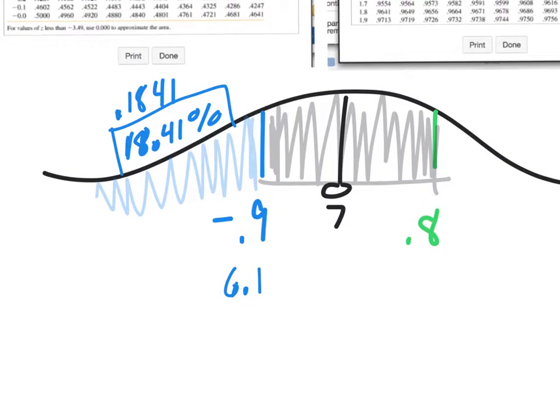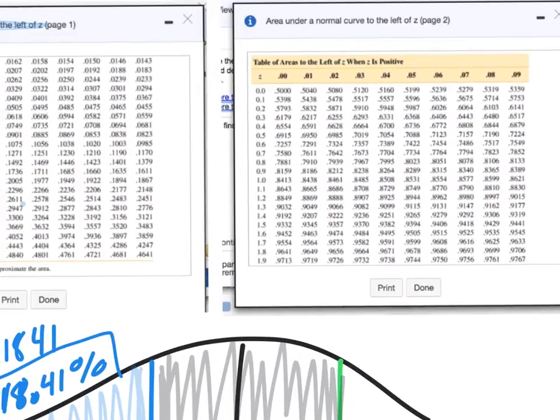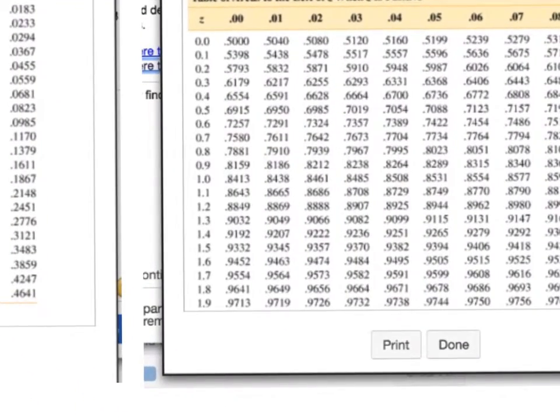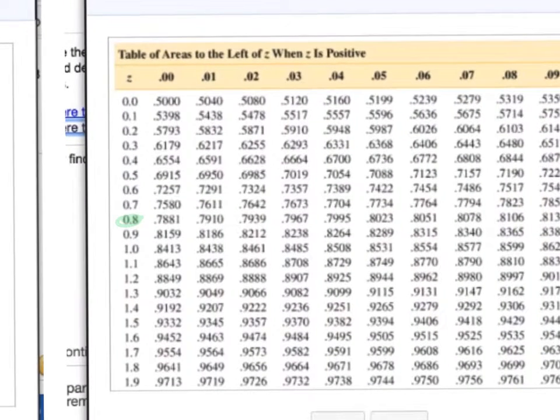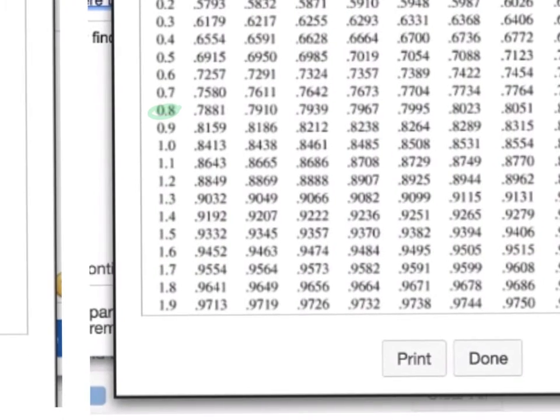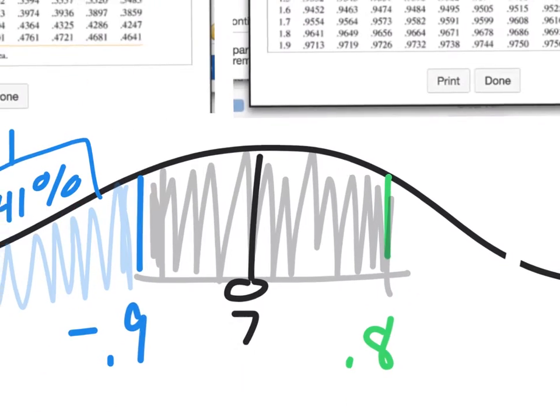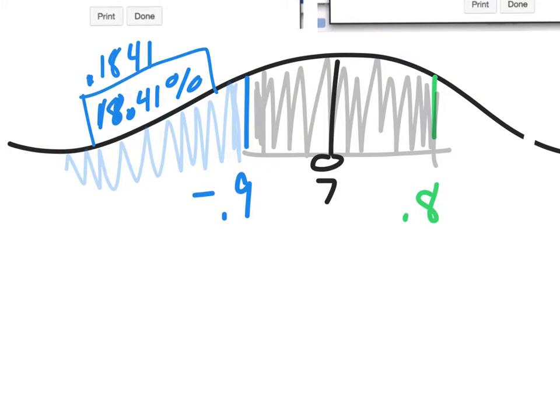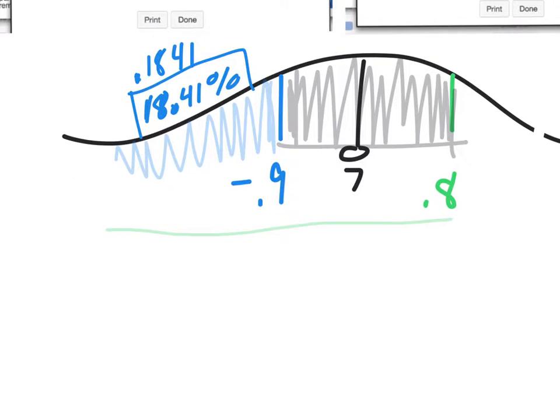Now we need to look at the z-score for the positive 0.8. I'm going to go right here. I see next to the positive 0.8. So I'm doing table 2. Remember, table 2 is the one where the positive z-scores are. So right here, I have 0.7881. What does that mean?